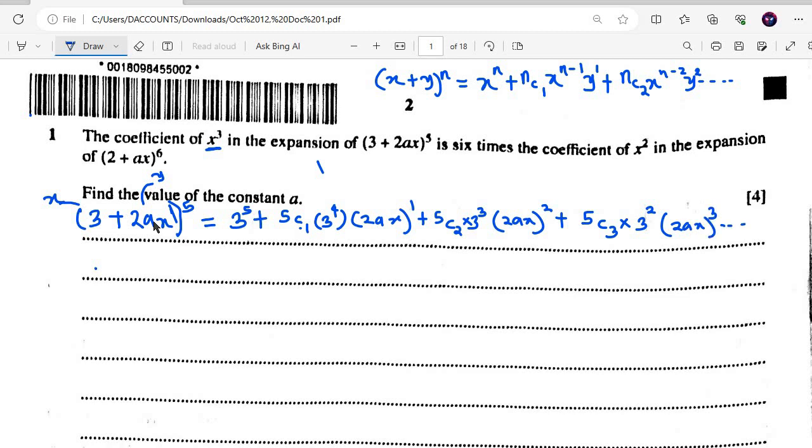If you notice the fourth term, we have a power of 3 on x.